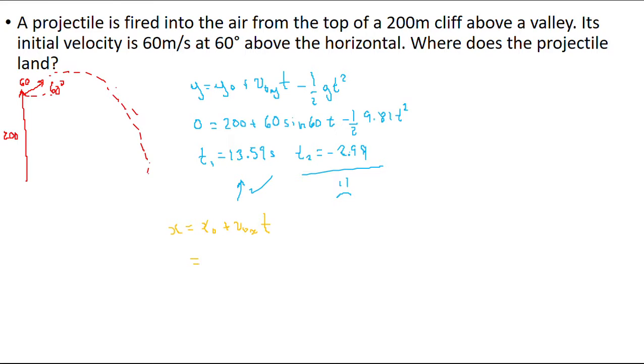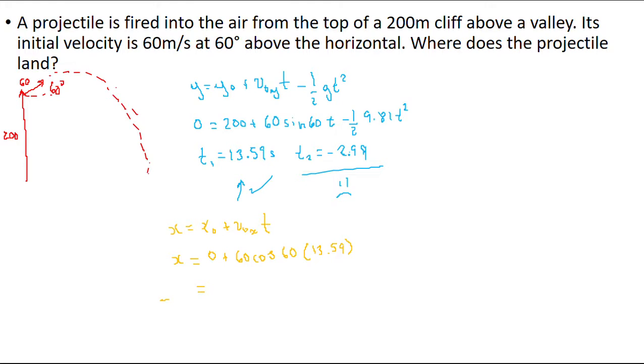We don't know x, it's still a variable. Initial position is 0. Initial velocity in x is 60, and since we're in the x-axis, we're talking about cosine of theta, where theta is 60 degrees, times t. t is 13.59, and that would be right here.